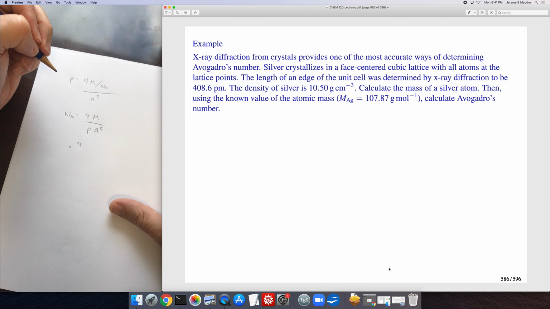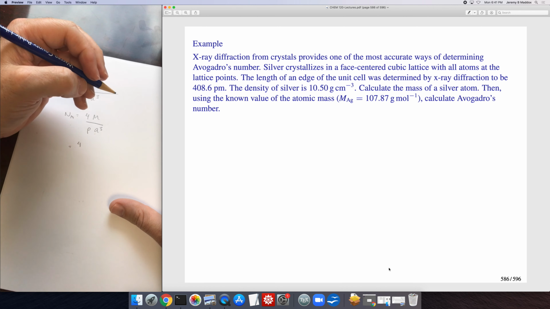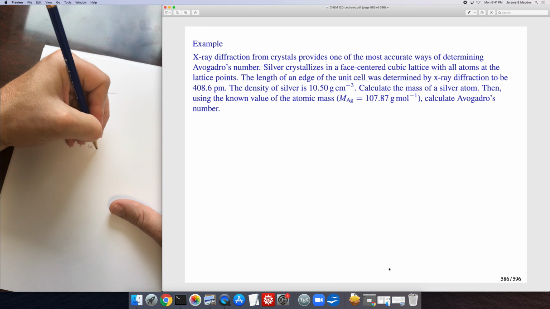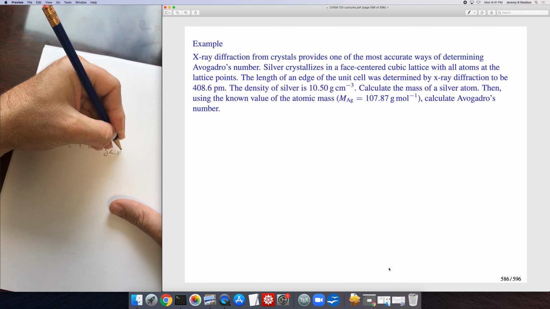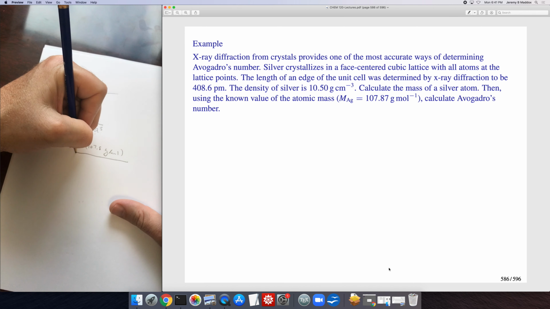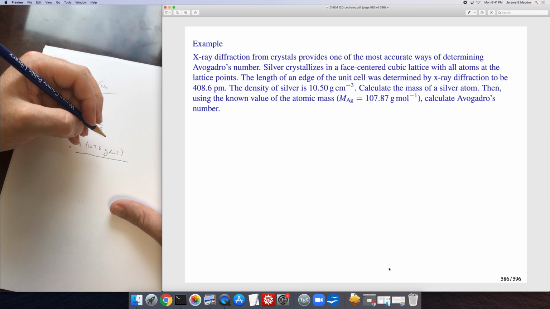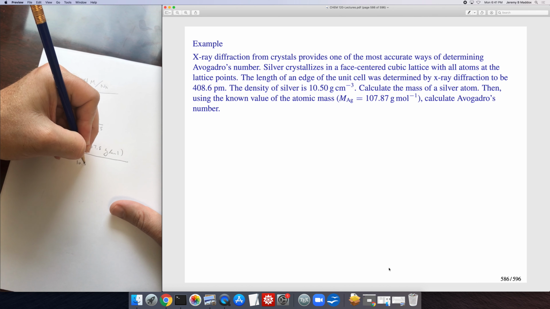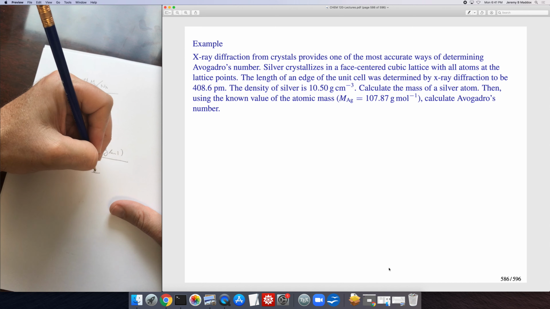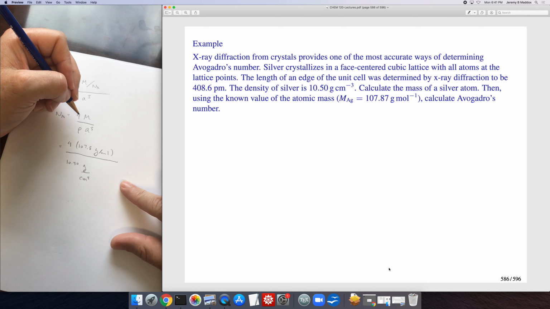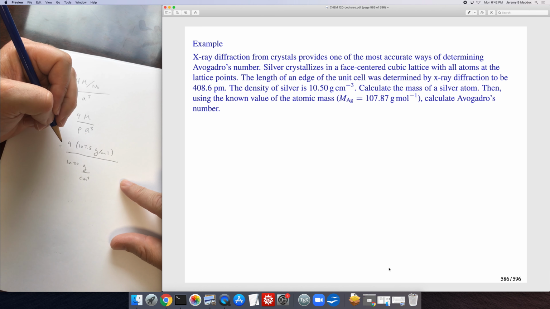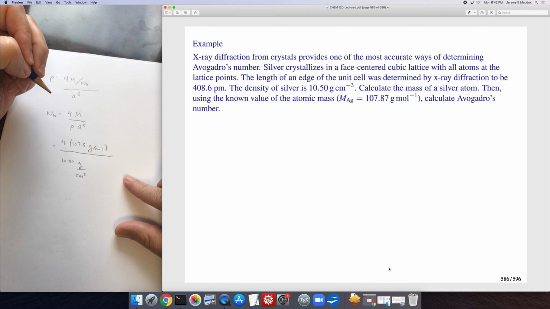So for the molar mass, we've got 107.87 grams per mole. For the density, we've got 10.50 grams per cubic centimeter. And then we'll go ahead and leave that in grams per cubic centimeter, and then we'll do our work for the unit conversions.